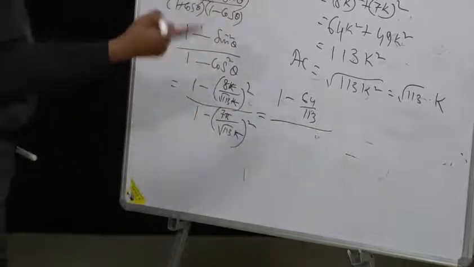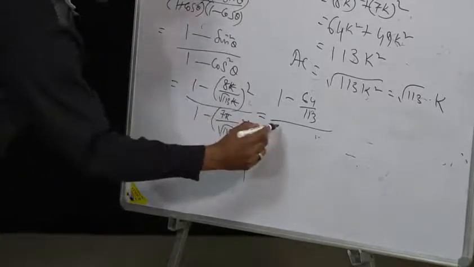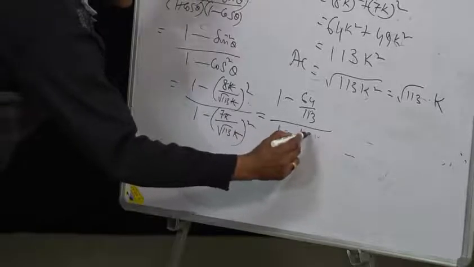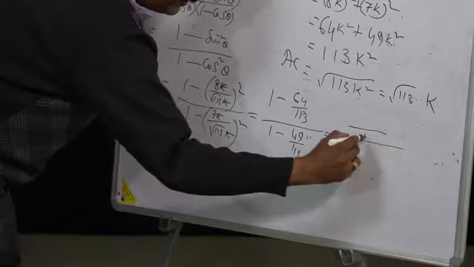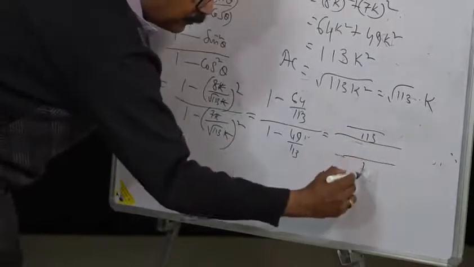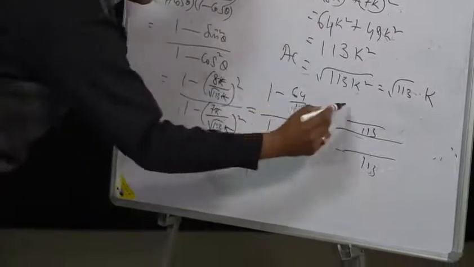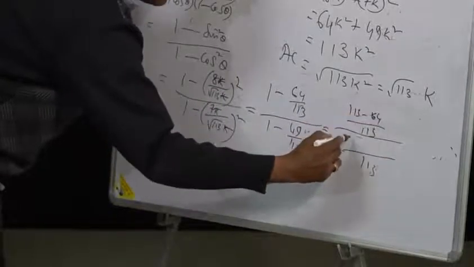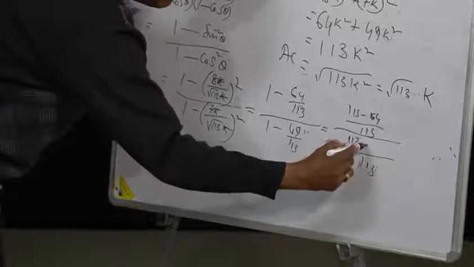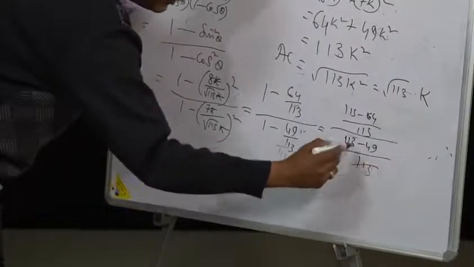Like root 2, last time I told you, no? So like 1 minus 49 by 113. If you take LCM 113 here, there also LCM 113. So 113 minus 64 and 113 minus 49. So this 113 cancels.